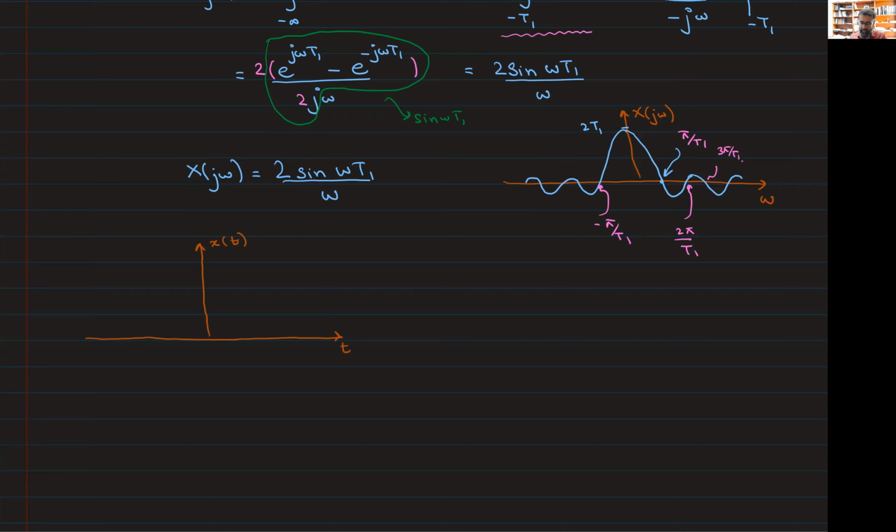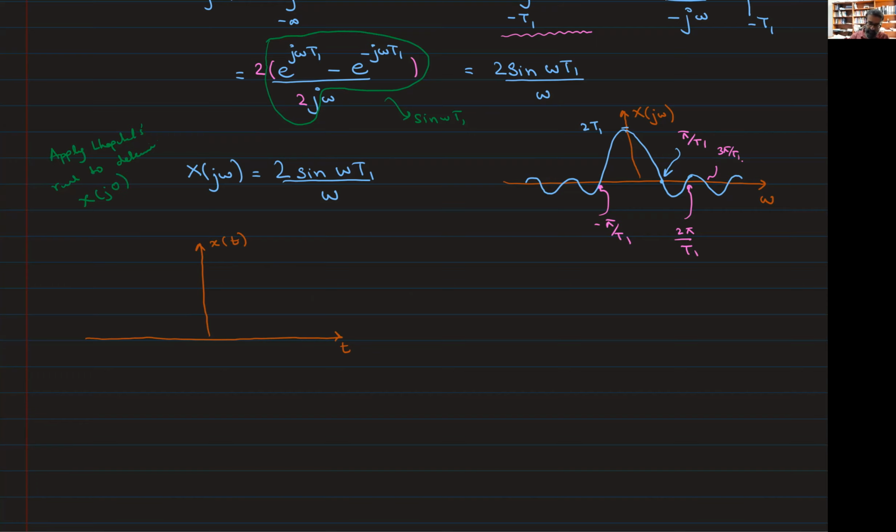Okay, so one of the ways you could obtain this 2t1 is just apply L'Hopital's rule on x of j omega to determine x of j times 0.